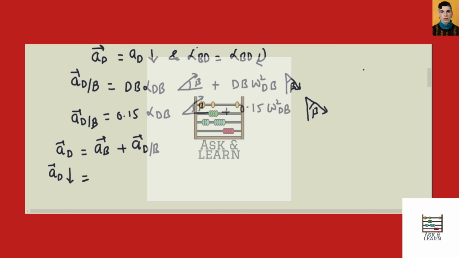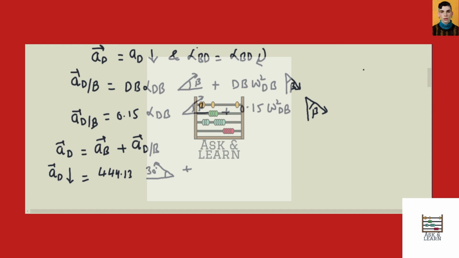Acceleration of B we have calculated 444.13 meter per second square at angle 30 degree. Substitute these values.